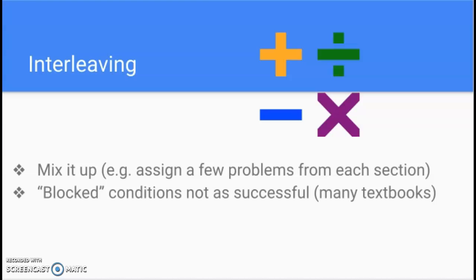For example, assigning a few problems from each section of a book. Most textbooks have blocked conditions where one concept or skill is taught at a time. Those conditions are not as successful for lasting learning. They prove better in practice, but later, in terms of retention, not as successful.